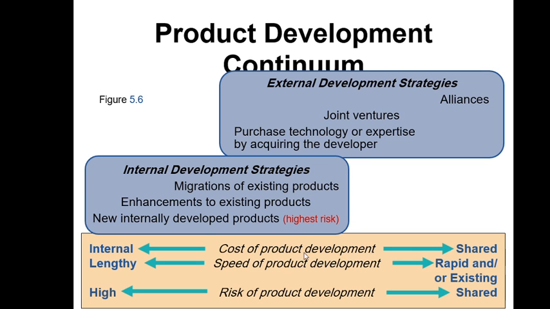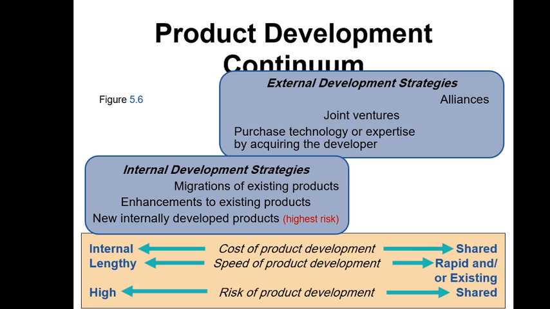Now, in general, there are three important elements: cost, speed, and risk. Let's start with the external development strategies. If you use external development strategies, then the cost will be shared. Why? Because you have other partners, strategic alliances.